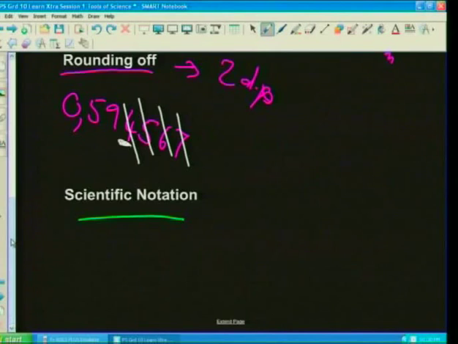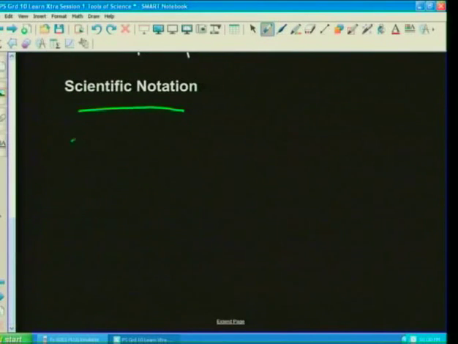The next thing that we've got to do when we're dealing with a calculator is make sure that we understand the idea of scientific notation. I'm just going to fly through this very quickly. Sometimes we deal with very big numbers, like the speed of light, which is 3 times 10 to the 8 meters per second. I don't want to write down all the zeros.